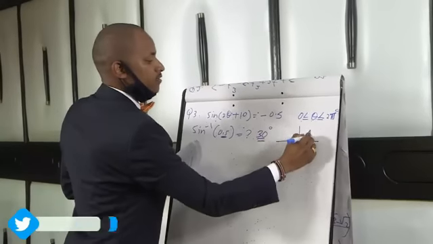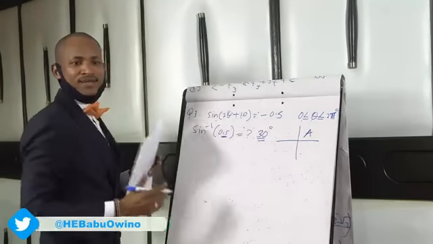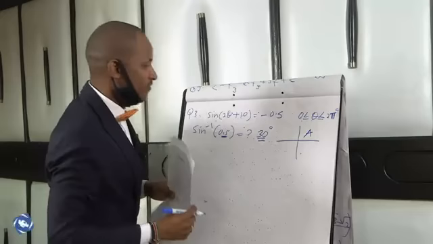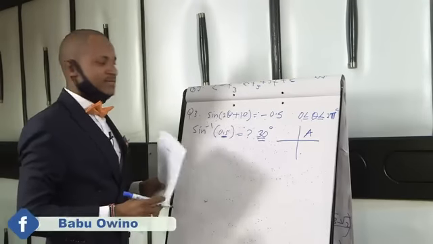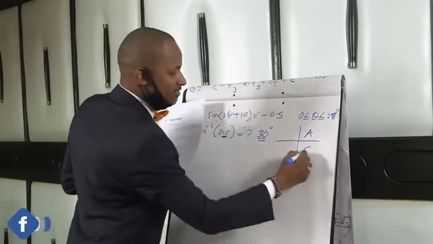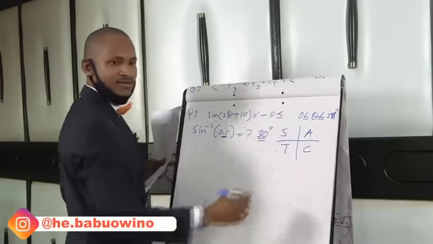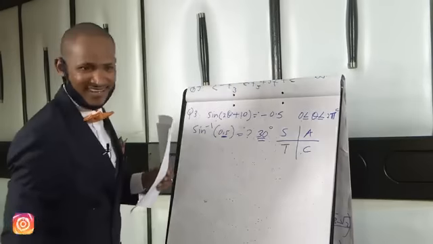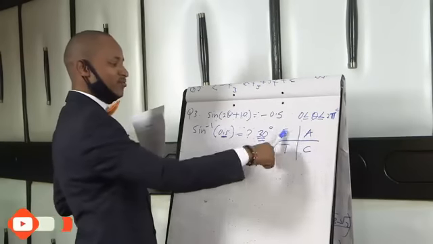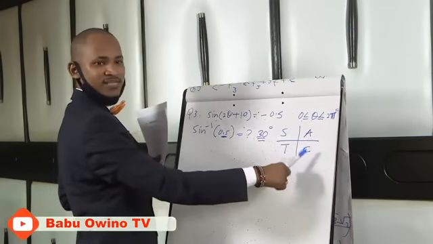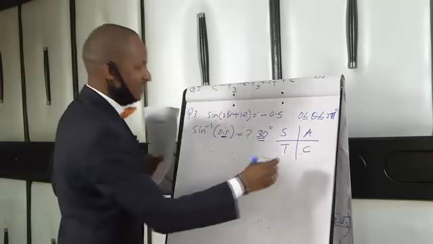we say all, when I was in my Form 4, I used to remember it as all Christians terrorizing Satan. Or all students take coffee. Not Changa, don't put here as Changa.